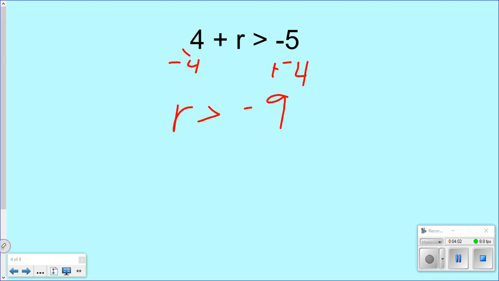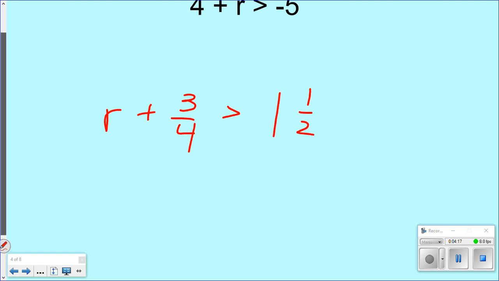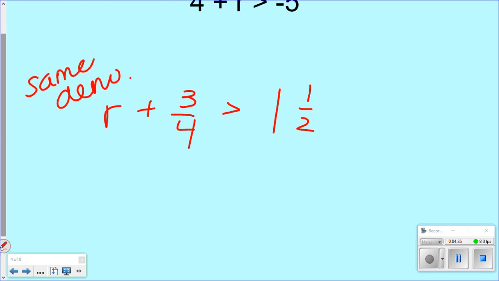Let's do one. I'm just going to make one up here that has a fraction in it, because there are some that are going to have fractions in them. So r plus 3/4 is greater than 1 1/2. First of all, I have to make the same what? Denominator. When I add and subtract fractions, I have to have the same denominator. So we can make this 1 2/4.